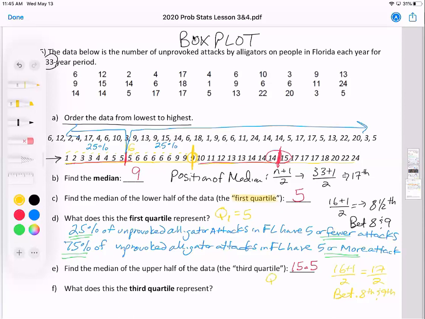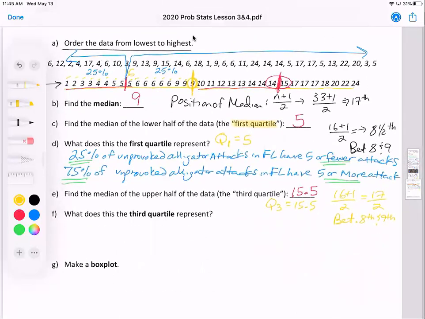So Q3 equals 15.5. And let's interpret what that means in this context. Now we can fill in, this is 25% and this is 25%. So a quarter of the data is here, a quarter of the data is in between here, a quarter of the data is in between here, and a quarter of the data is there.